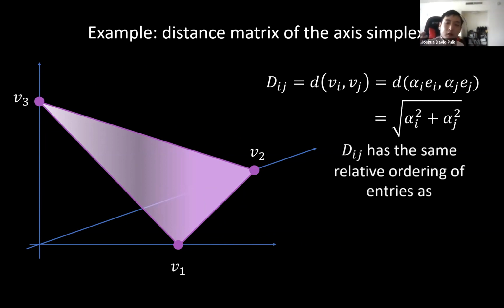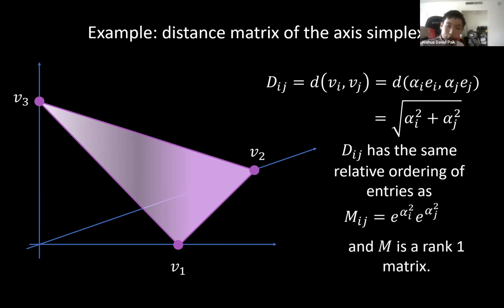Okay, but this has actually the same ordering of entries as e to the alpha i squared times e to the alpha j squared. Why is that? Well, I can take the square, then raise it to an exponential, then I split up the addition in the exponent. If you have a sum in the exponent, then that becomes multiplication.